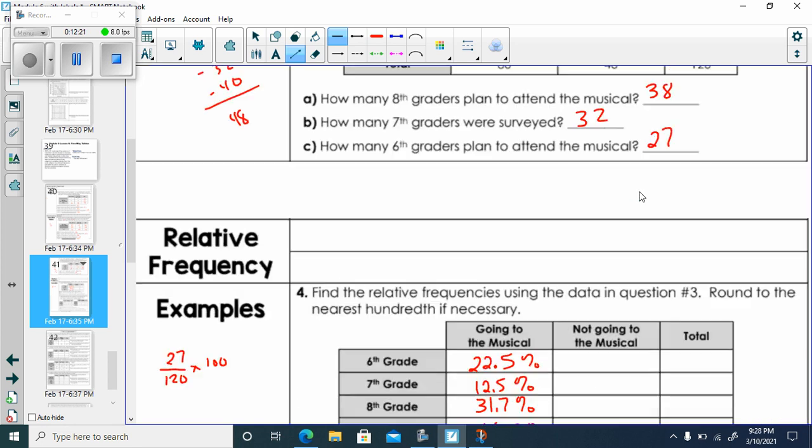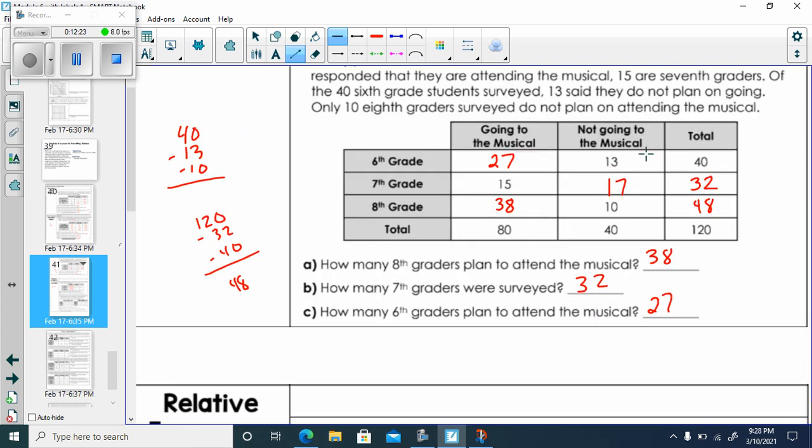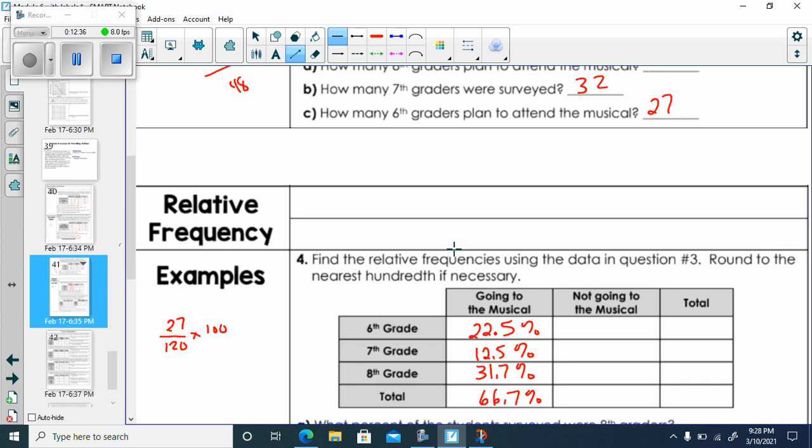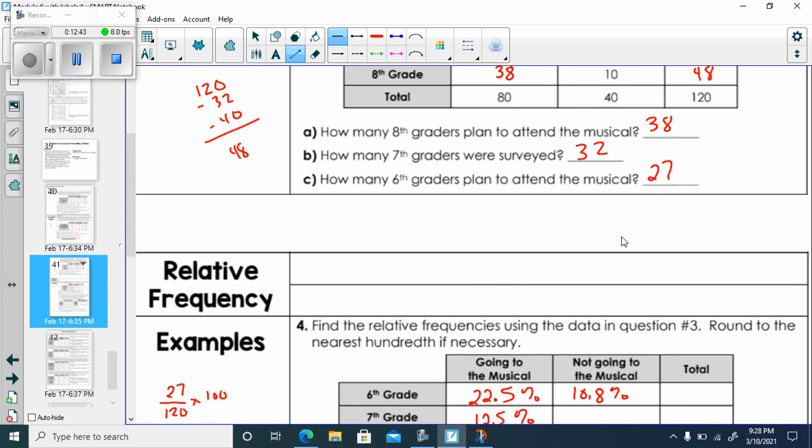Now about those not going. What percent sixth graders? Let's see. 13 of the 120. 13 divided by 120 times 100 gives me 10.8%. 10.8% of the people surveyed are both in the sixth grade and not going to the musical.